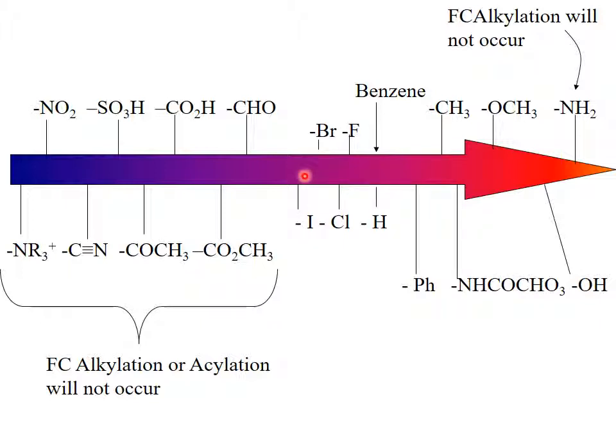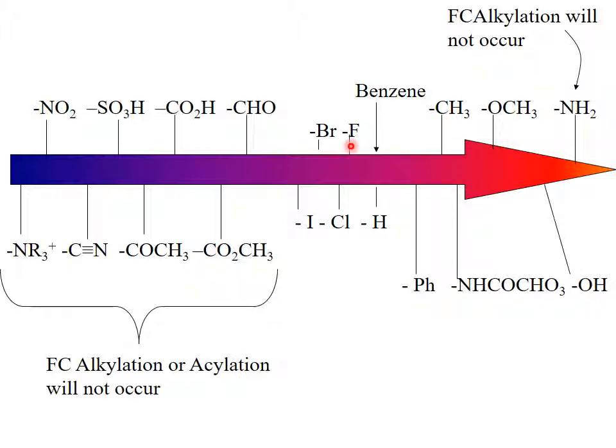Then we have the halogens, and these all are deactivators, but they're ortho-para deactivators. So here, these are ortho-para activators, ortho-para deactivators. Why is fluorine more activating than iodine?